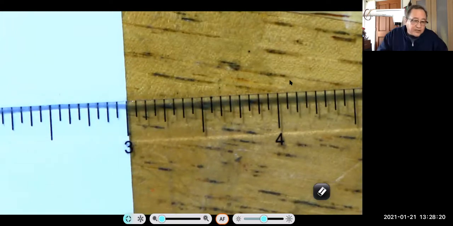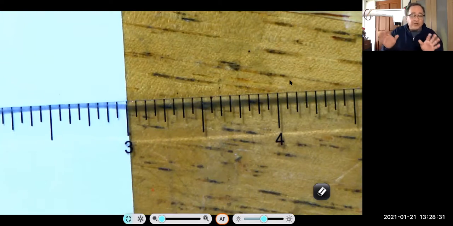You can see that the edge of the card looks like it matches up with the 3 very, very well. So what would we record as the number here? Well, if we wrote down 3, that means we're pretty sure it's a 3, but we're not certain, which means it could be a 3, a 2, or a 4. But we're absolutely certain that it's a 3.